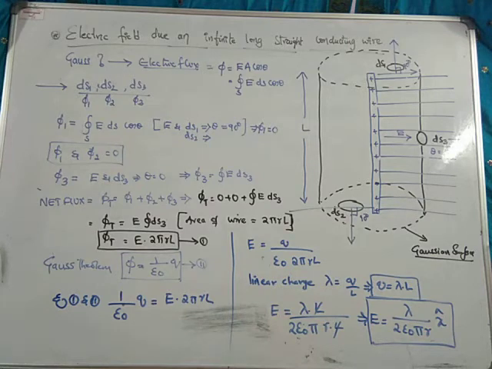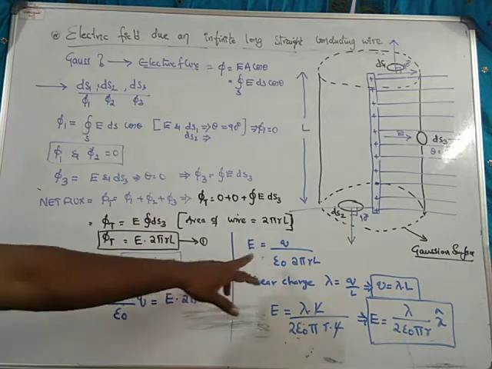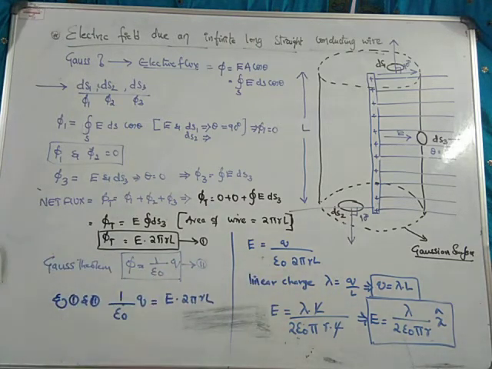According to Gauss's theorem, we have expression 2. Comparing equations 1 and 2, we get E is equal to Q by epsilon naught 2πrL. But we have three definitions we discussed.